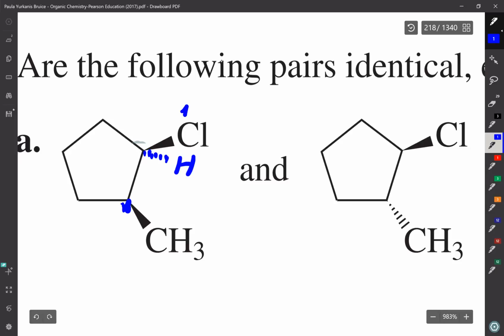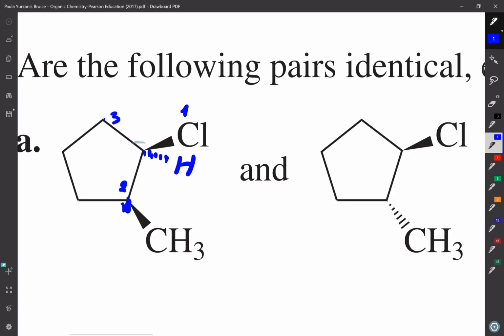This is my priority number one, this will be my priority number two, and this will be my priority number three. Priority two is because I have a carbon connected to two other carbons, and priority number three is a carbon connected to only one other carbon. That's how I give my priority.